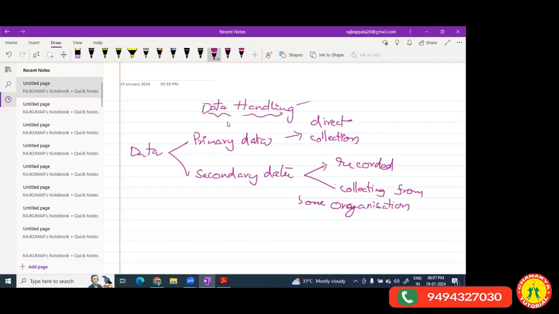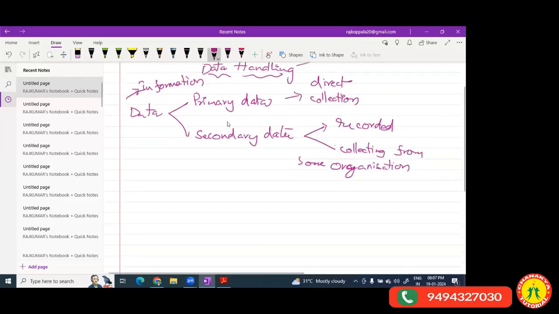After handling the data, we get a conclusion about the information. Data is nothing but information. That is why in this chapter we will study how to handle the data.